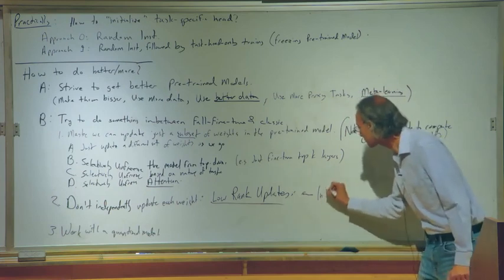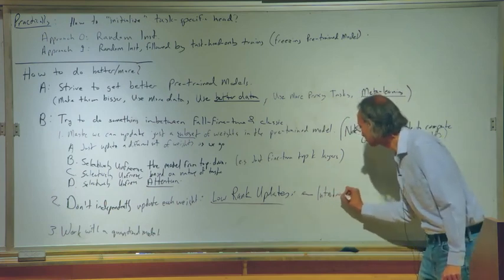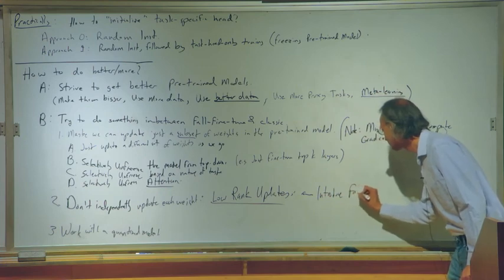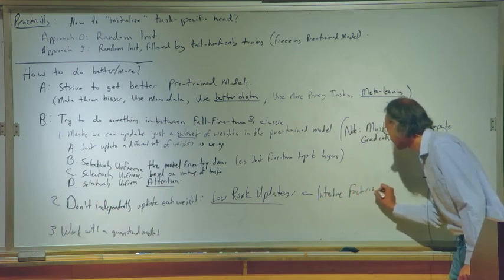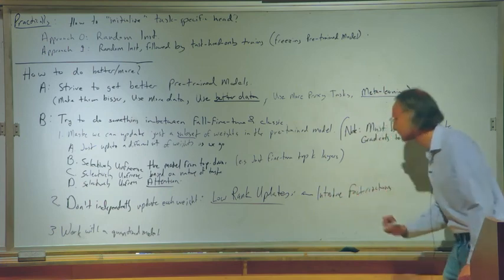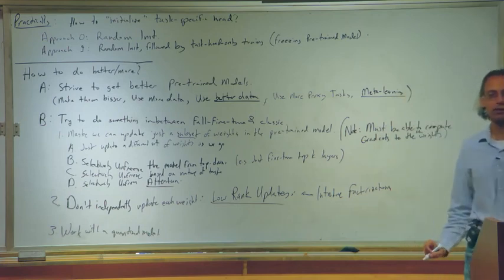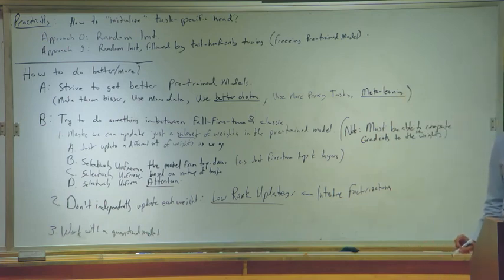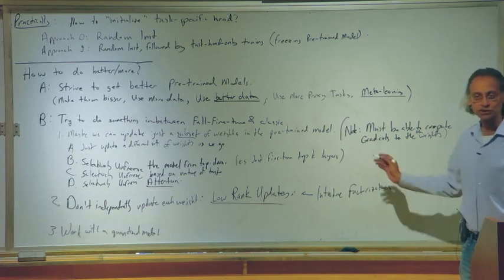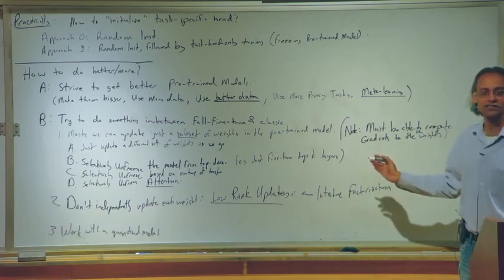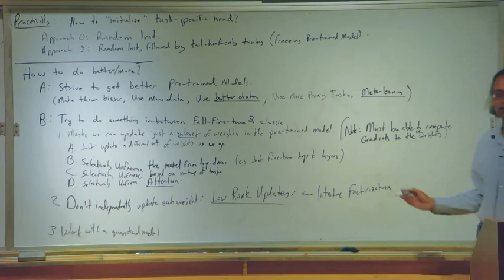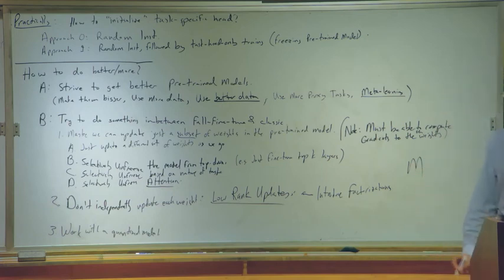You can introduce factorizations to your parameters, such that they will share lots of things together. Okay, so in general, if you have a matrix, you have some matrix of weights that you want to adjust.